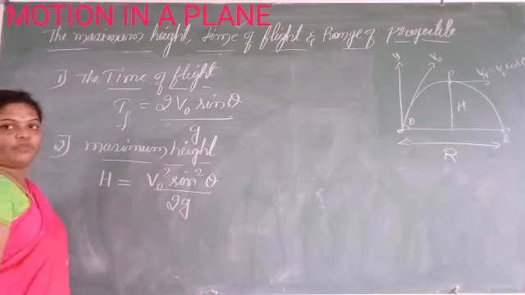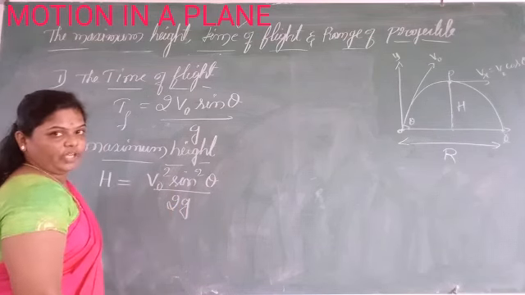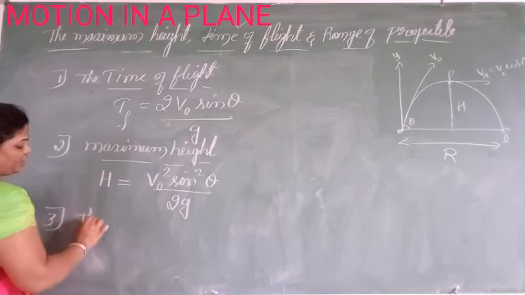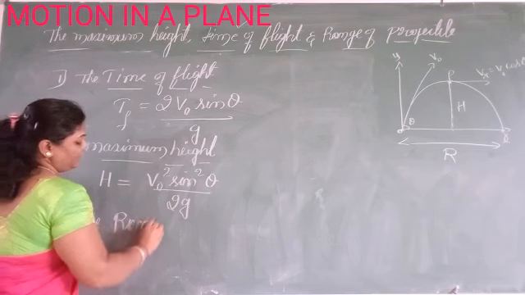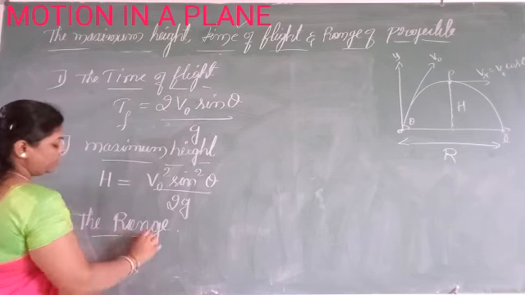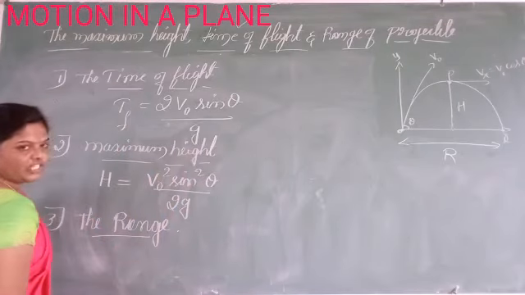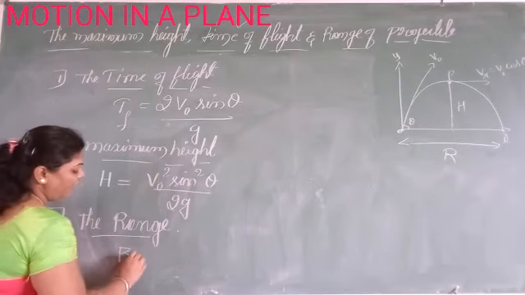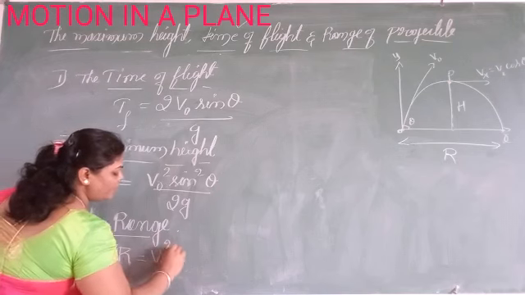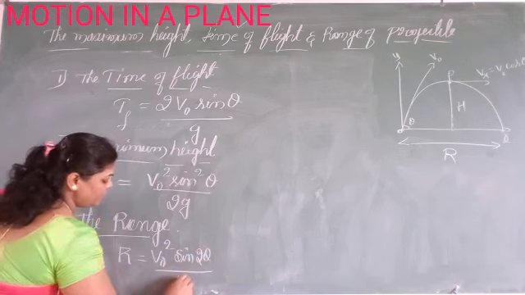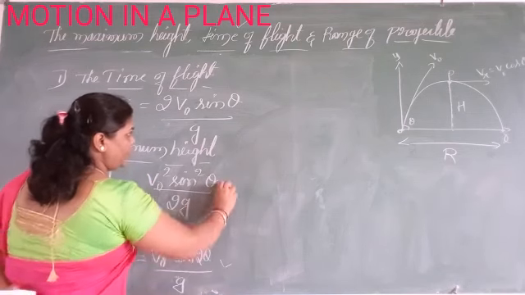So this is the expression for the maximum height of the projectile. Then the third one, the range of the projectile. The range means the horizontal distance covered by the projectile from the initial position. That is R is equal to v naught square sine 2 theta divided by g. So this is the range of the projectile.